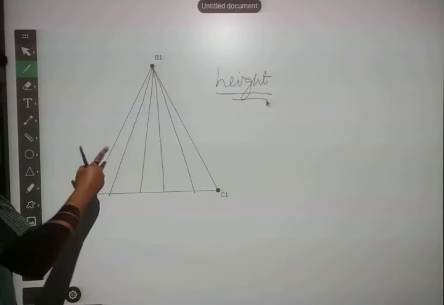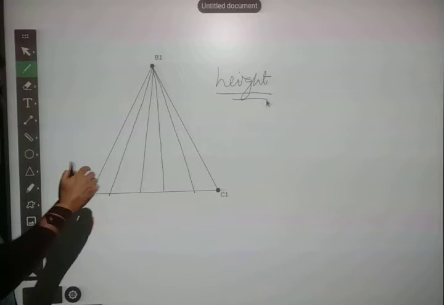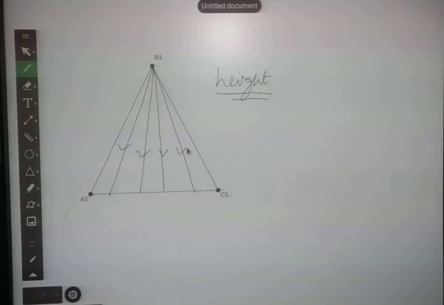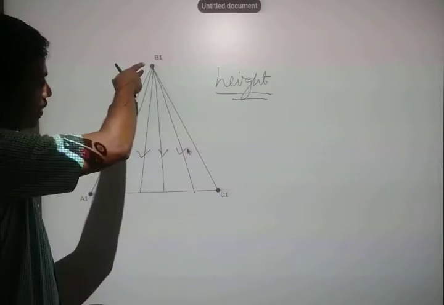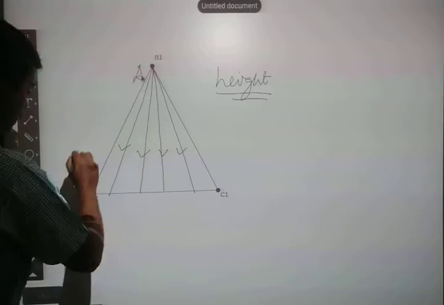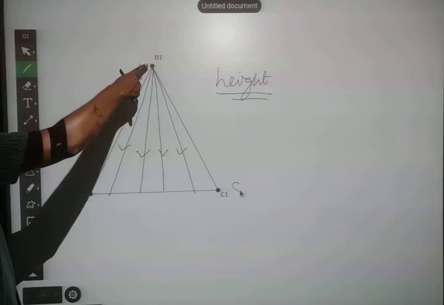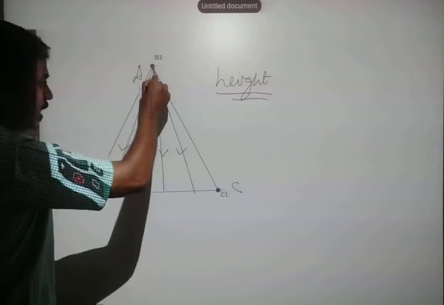The lines that I have drawn, you see all the lines: first line, second line, third line and the fourth line. Out of these four lines, one line from the vertex A is perpendicular to BC. Which is the line? The line is this.